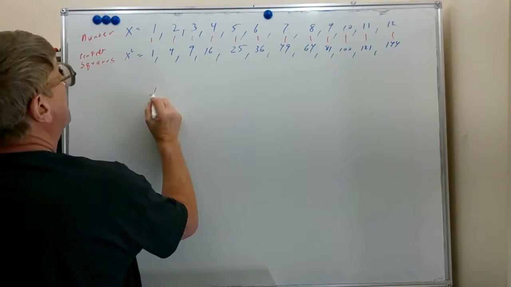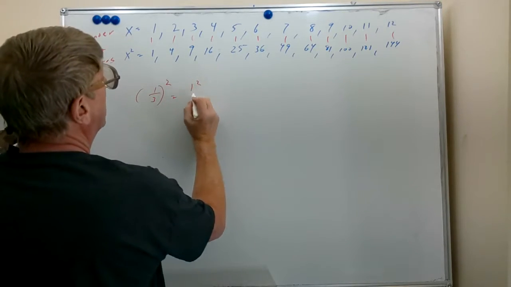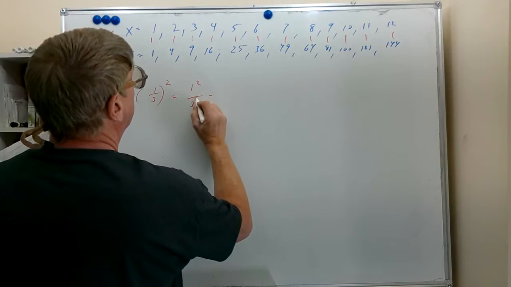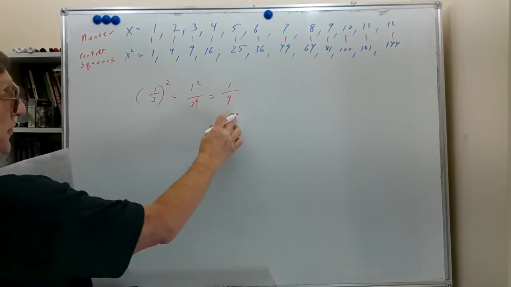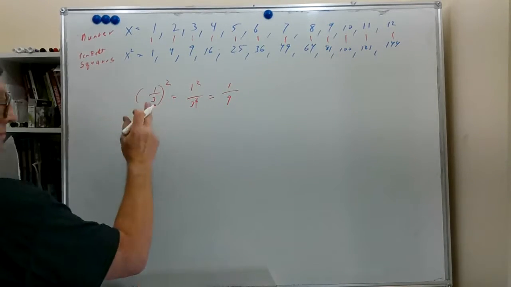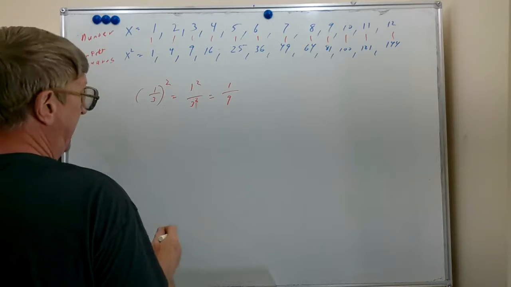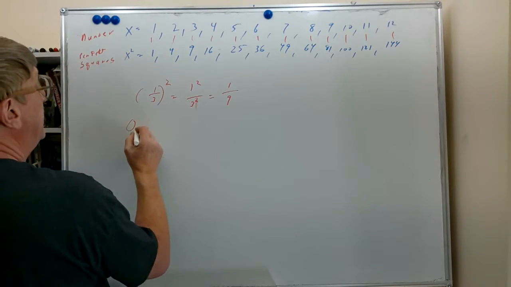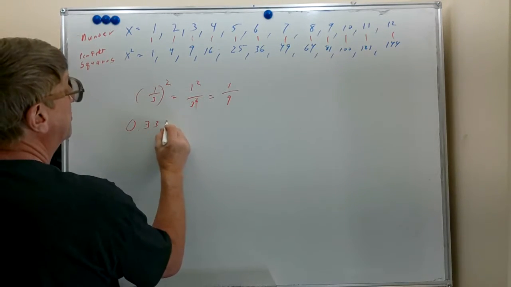Another example, 1/3. If we square that, that equals 1 squared over 3 squared, which equals 1/9. So 1/9 is a perfect square. It's a perfect square of 1/3. And 1/3 would be equal in decimal to 0.333.